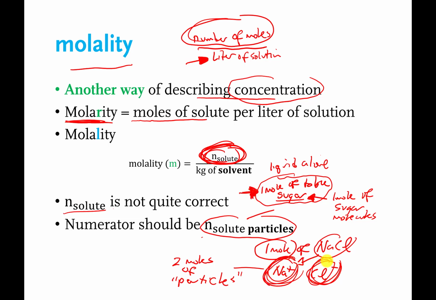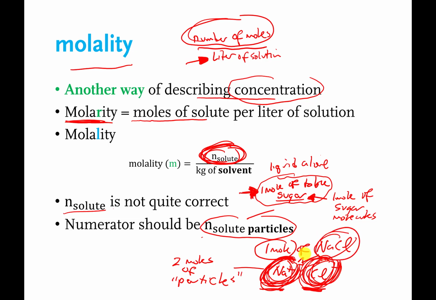But if it's something like table salt that breaks apart into different particles when you dissolve it in water, you have to count up how many things are actually running around all by themselves in the liquid.